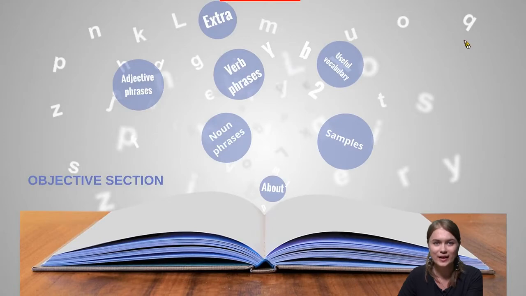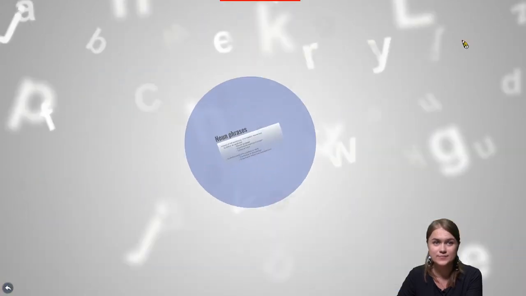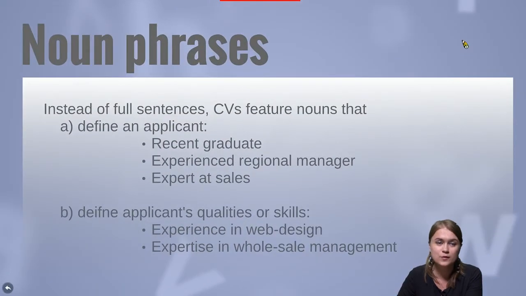Now let's take a look at these noun phrases. Instead of full sentences, CVs often feature nouns that define an applicant and define applicants' qualities and skills. In case of defining an applicant, we usually use words like graduate, manager, expert, and others.